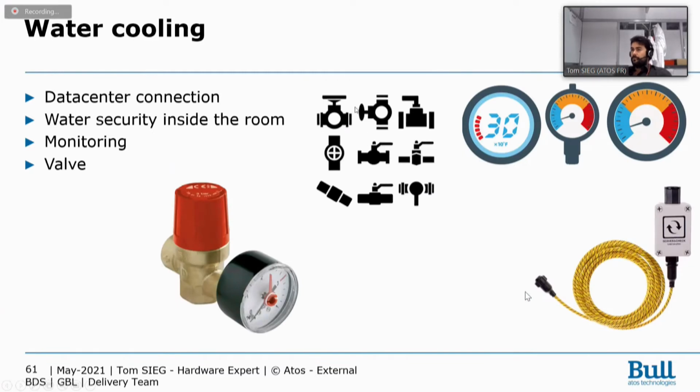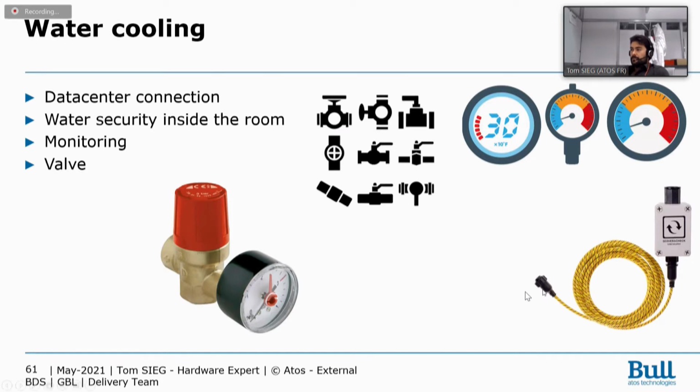You will use a lot of different valves: pressure valves, standard, two-way, three-way, etc. The water security inside the computing room itself is really important. You have electronic components and a leak will damage them really hard.